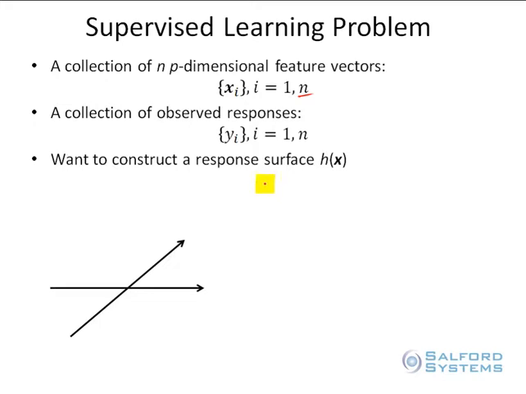And the goal of a supervised learning problem is to construct a response surface, h of x, that somehow can be used to deduce what the responses are, how they relate to the available features, and also perhaps to make some predictions in the future. Now, one way to think about it is that the response surface here can be graphically presented as if we have some kind of model.